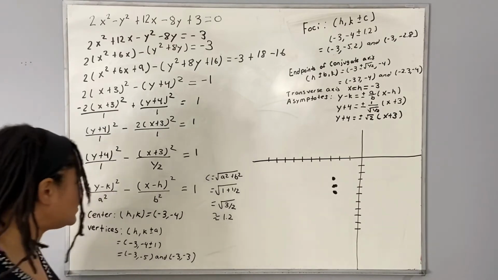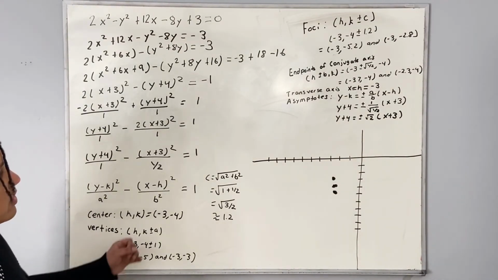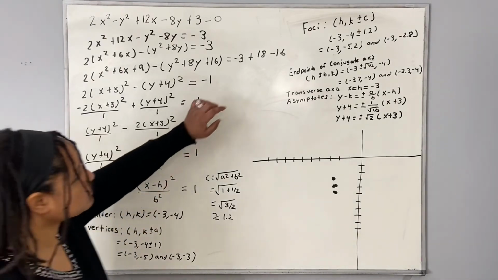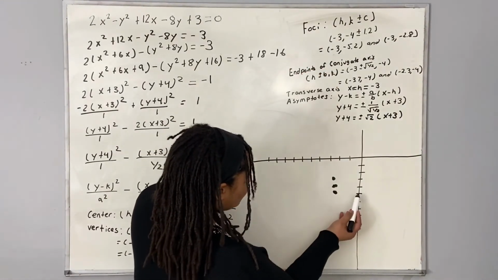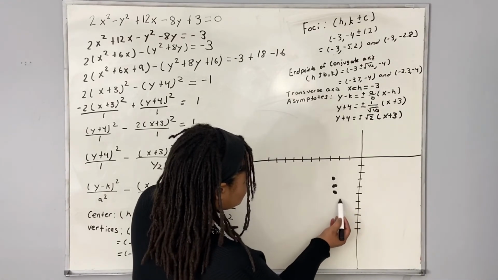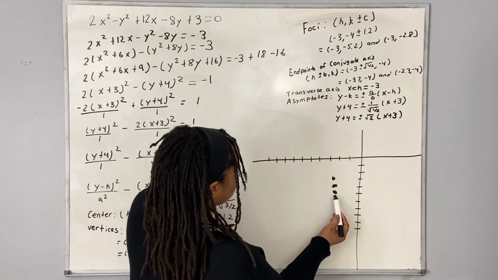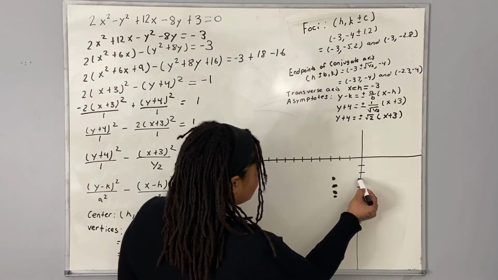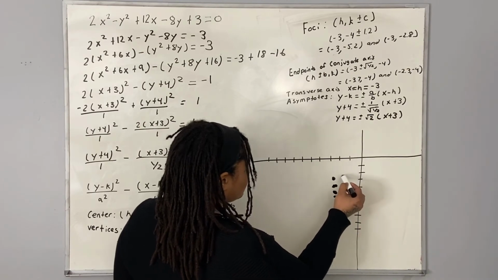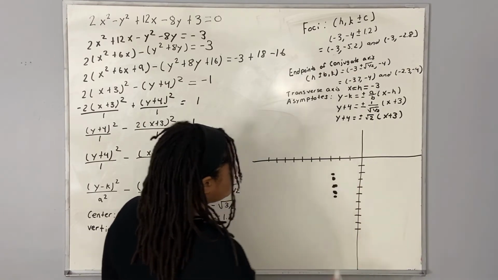And now let's find our points for the foci. Our foci will be (-3, -5.2), so 5.2 will be just a little bit below 5. And our (-3, -2.8) will be just above the 3. And there you have it there.